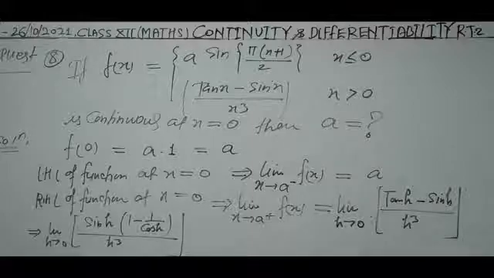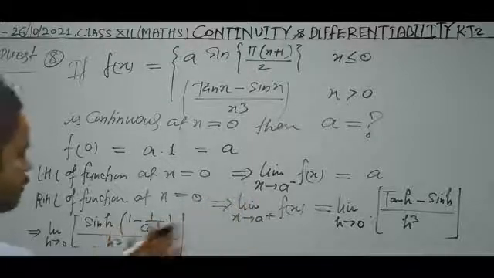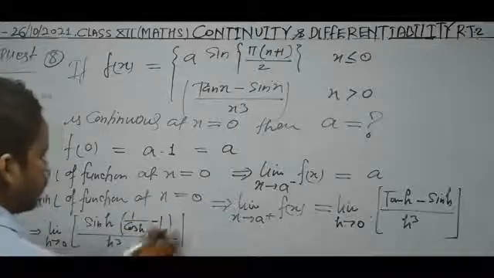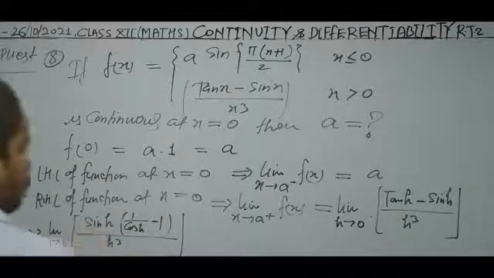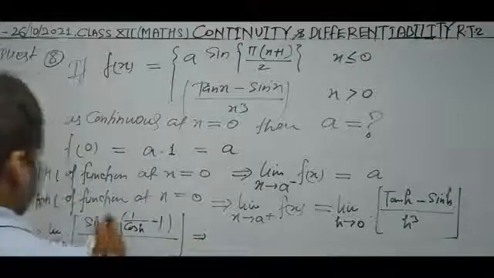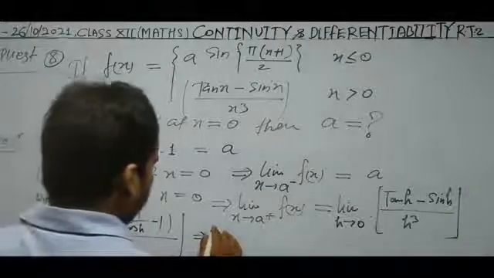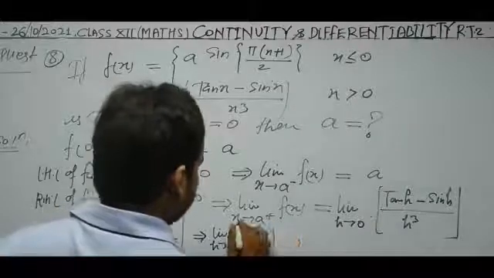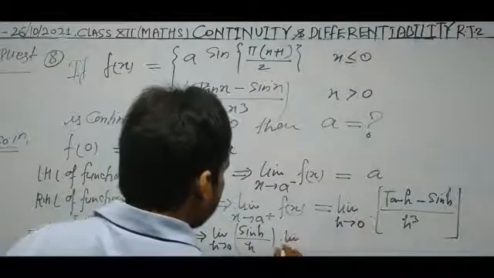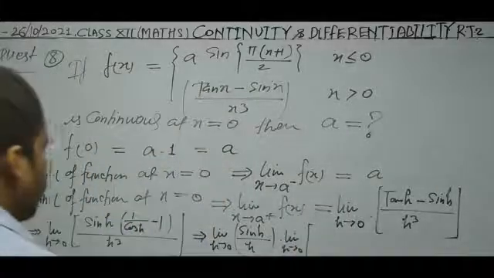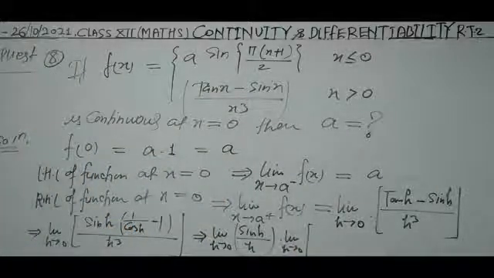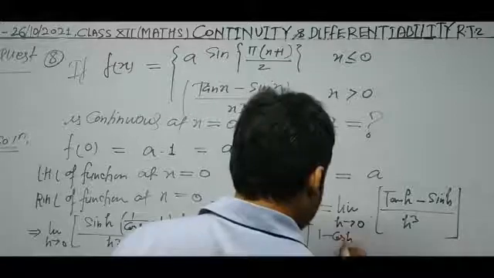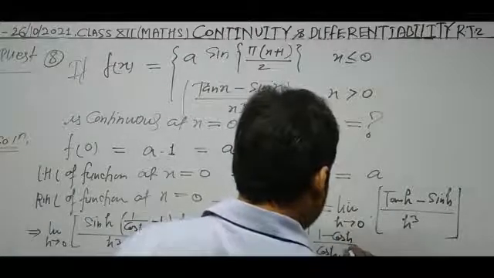After taking LCM, sin h upon h, when you take the limit h tends to 0, you will get 1, into limit h tends to 0, 1 minus cos h upon cos h, h square.